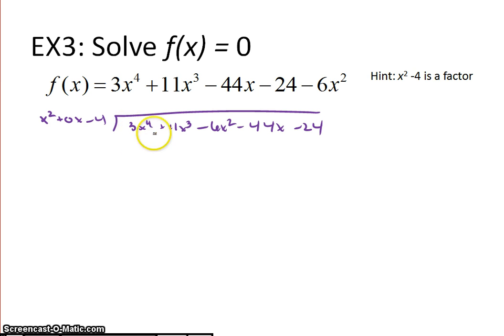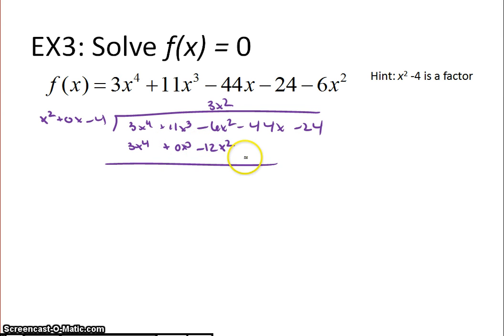So x squared times 3x squared gives me 3x to the 4th, multiplied by the middle term, 0x cubed, multiplied by the last, minus 12x squared. Now I'm going to subtract it all, subtract, add now, and I have 11x cubed plus 6x squared. Bring down my next term, minus 44x.